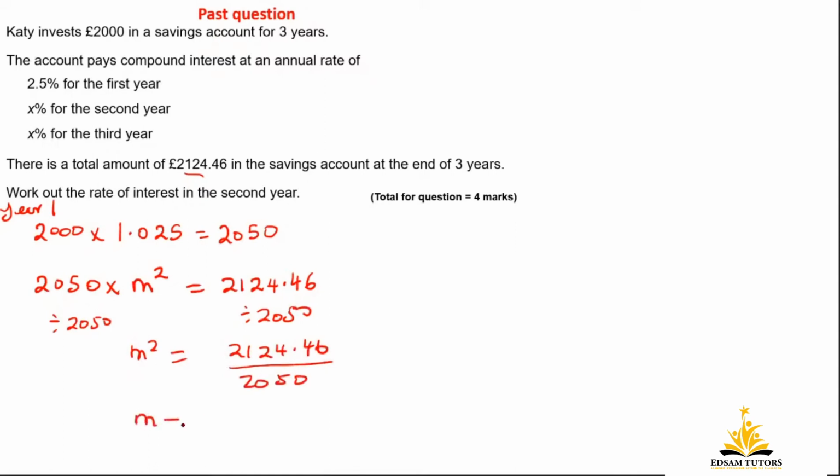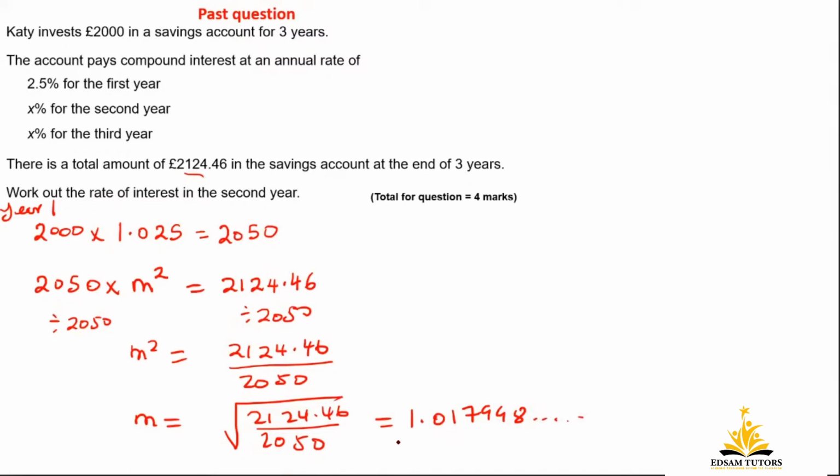And therefore, m is going to be a square root. So calculator, let's put that on there. And we have 1.017998, on and on and on.